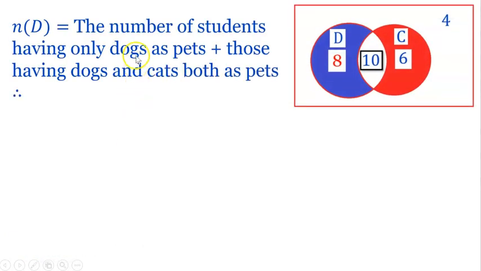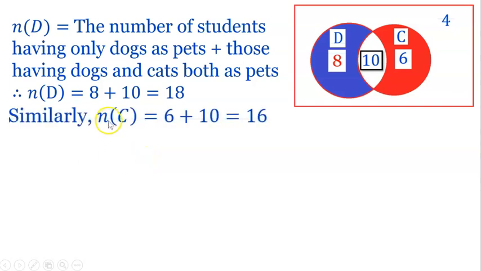D is equals to the number of the students having only dog as a pet plus those having dogs and cats as a pet. म्हणजे 8 plus इथे 10 होणार. Therefore, N of D is equals to 8 plus 10, 18. Okay, these are the number of the students who have dog as a pet animal. हे किती आहेत तर 18 आहे.